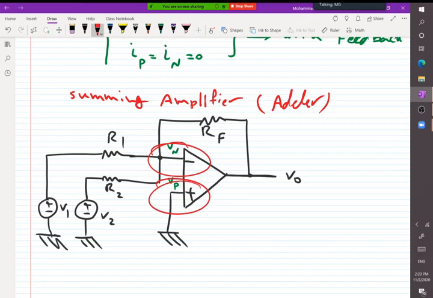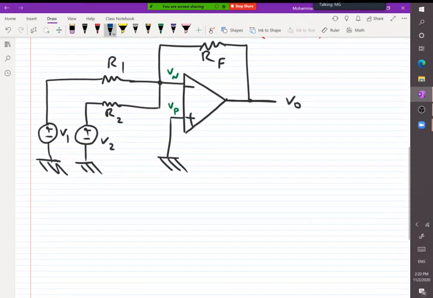So the value of Vp here is known, and it's equal to 0. It's connected to the ground. But based on what we learned from the OpAmp, we know that Vp is always equal to Vn.